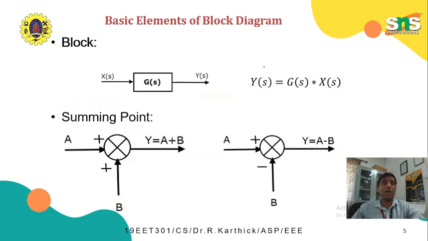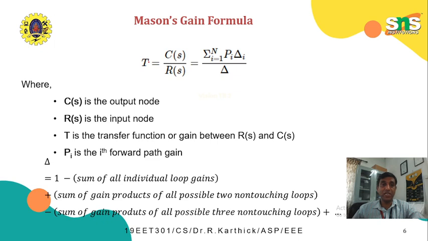Now again, you can see this is nothing but the basic elements of the block diagram which we have already seen. Now the Mason's gain formula is the formula which we use to find the transfer function of any system.